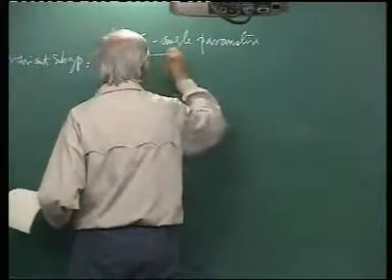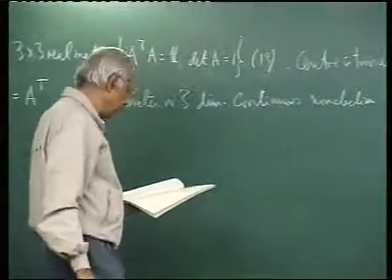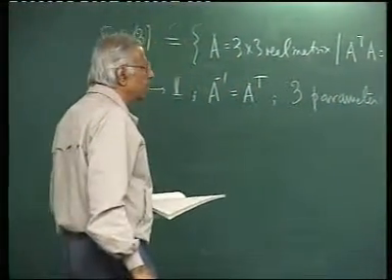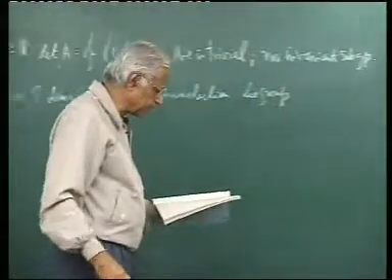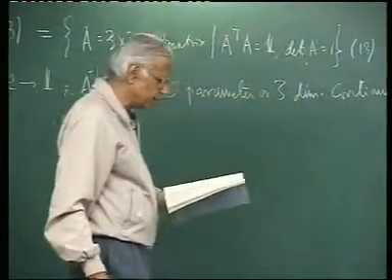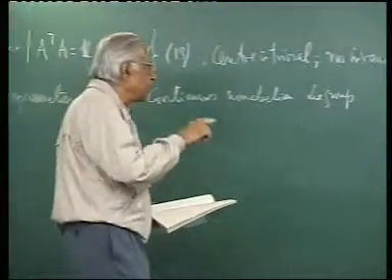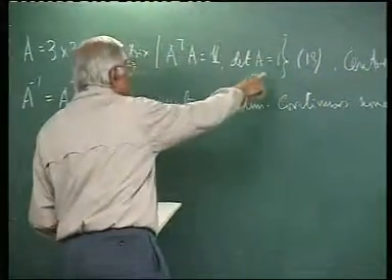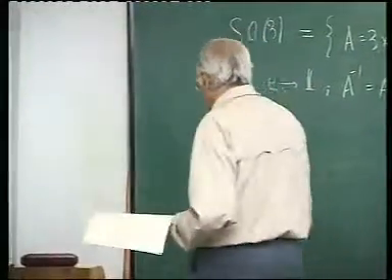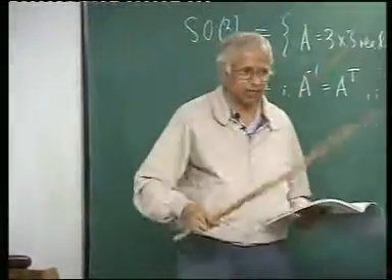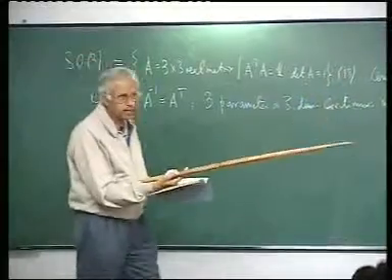There are 3 useful ways, and I want to describe each one of them. The first one is called the axis-angle parametrization. This is a geometrical fact which again you may have studied. It is somebody's theorem, I think it's Euler's theorem, I'm not sure. Every proper rotation, proper because the determinant is 1, is a rotation about some axis by a certain angle in, let us say, the right-handed sense.